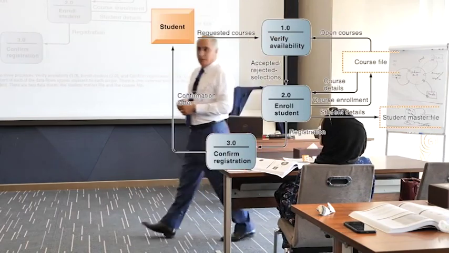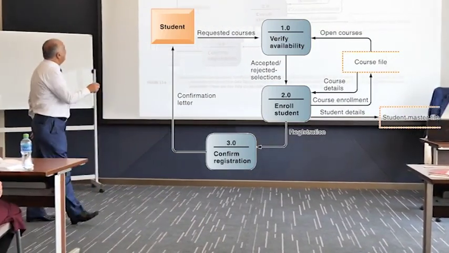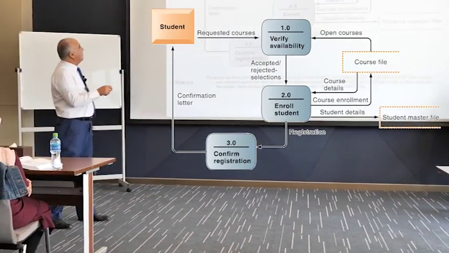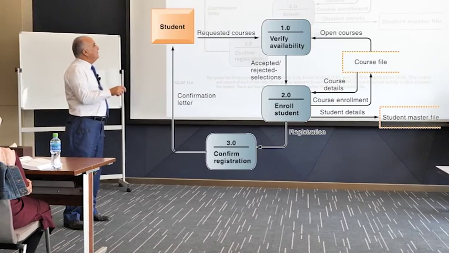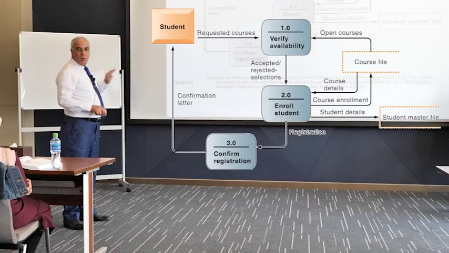Here is another example. We have an entity. This is a data flow diagram for a university registration system. Here we have a student, and this student requests a course. So he is requesting.